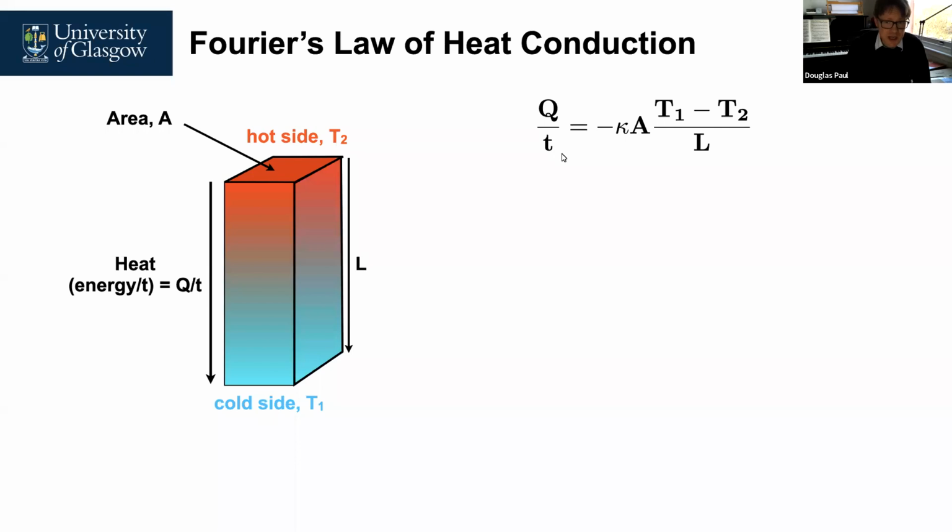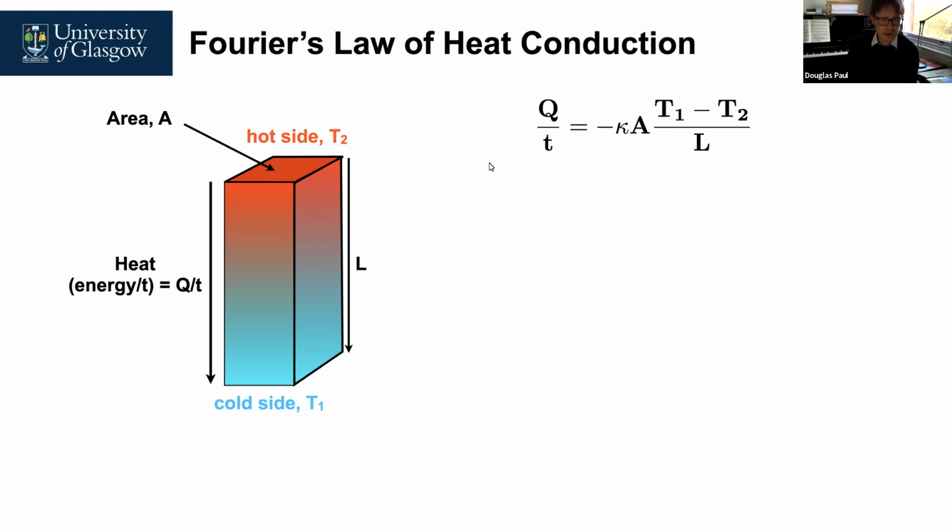And in fact, in some textbooks, it's used for both, which I certainly believe is very confusing for many students and even for teachers for that matter. So here I'm going to be explicit that Q is the energy and we need to divide by t to get power. And as you can see here, what Fourier defined is that we have thermal conductivity times area.